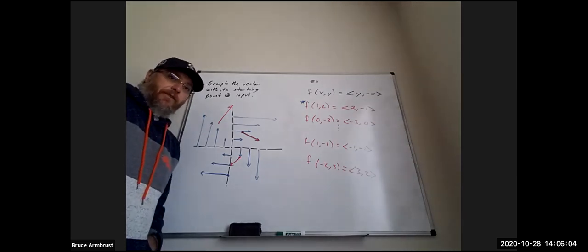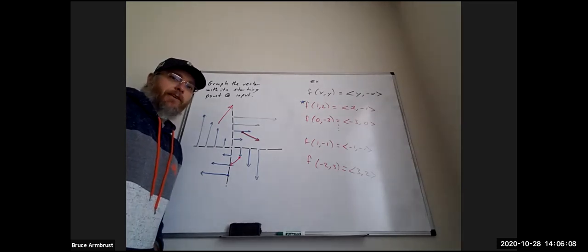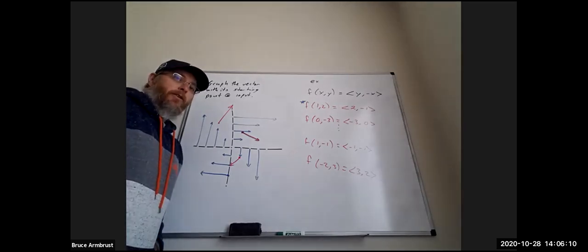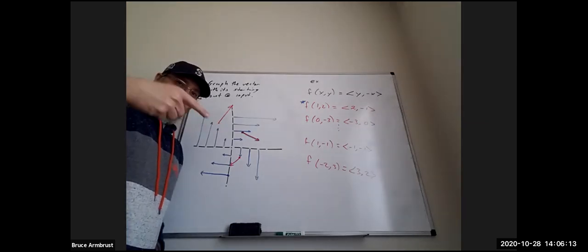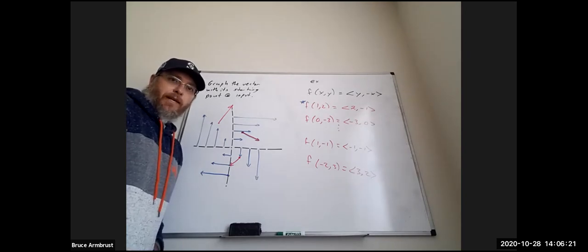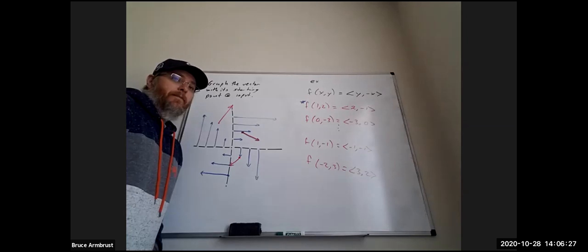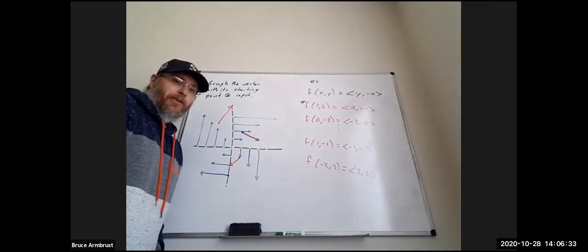Now, some 3D fields are really easy to spot, to see what's going on. Great examples are gravitational fields, because all those vectors point towards the center of mass. Same thing with electric fields and magnetic fields, except they can be pointing towards or away depending upon the charges, and so forth. But 3-dimensional fields can get pretty crazy, but they behave exactly the same way. It's kind of hard to picture them.